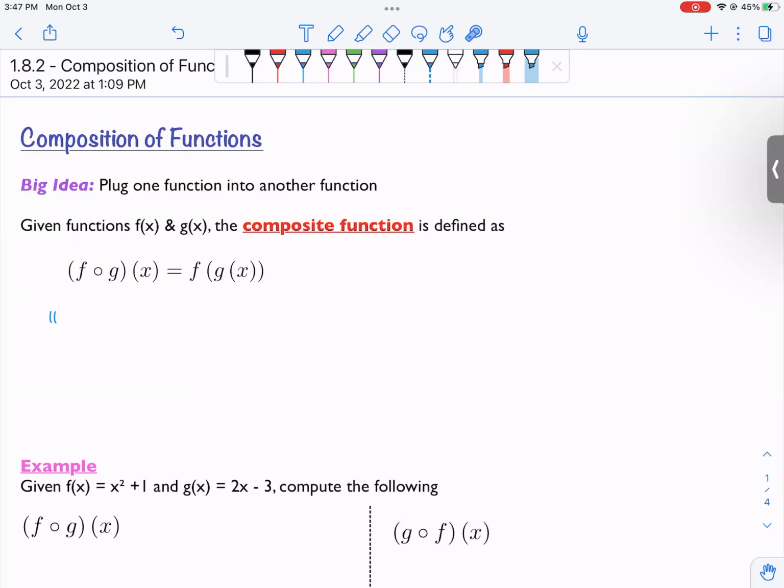Let me write that. f composed with g of x is the same thing as taking the function g and plugging it into the function f. This is plugging function g into function f.